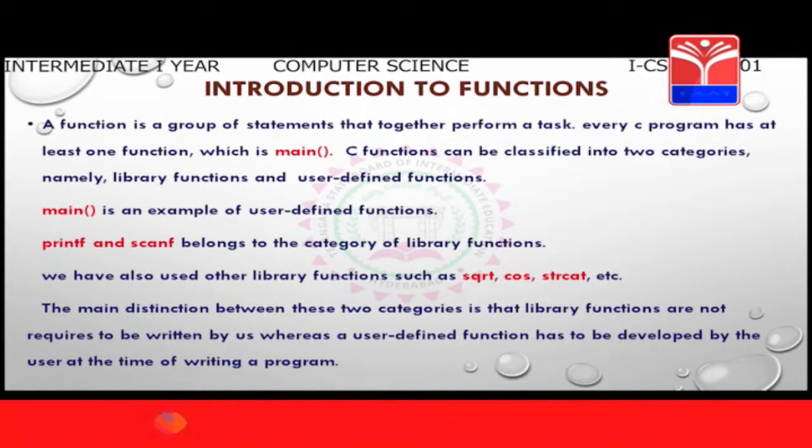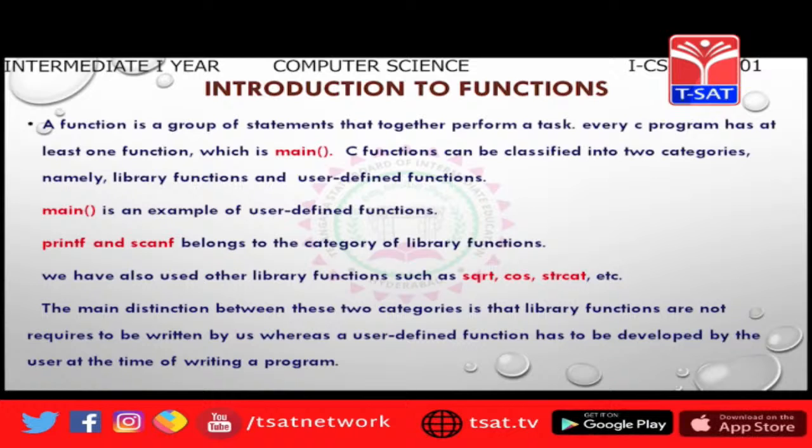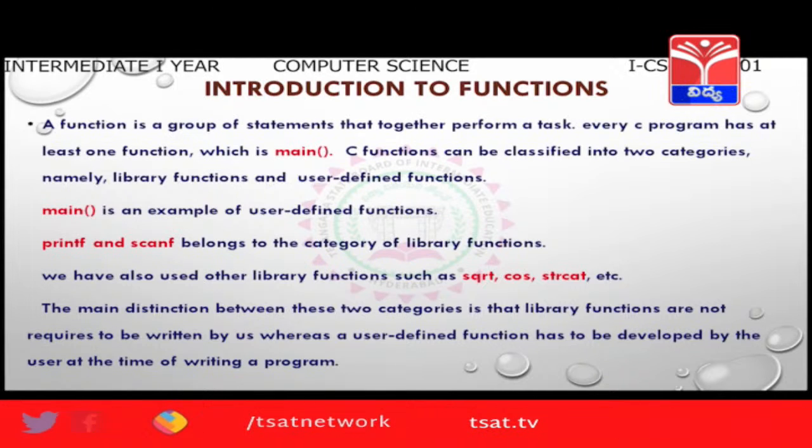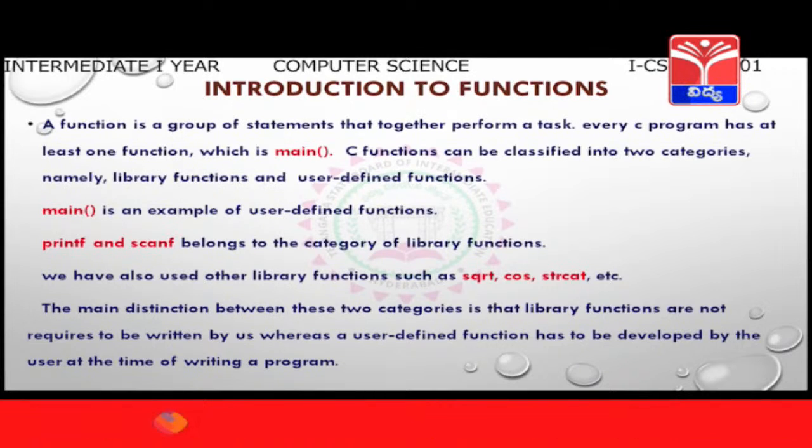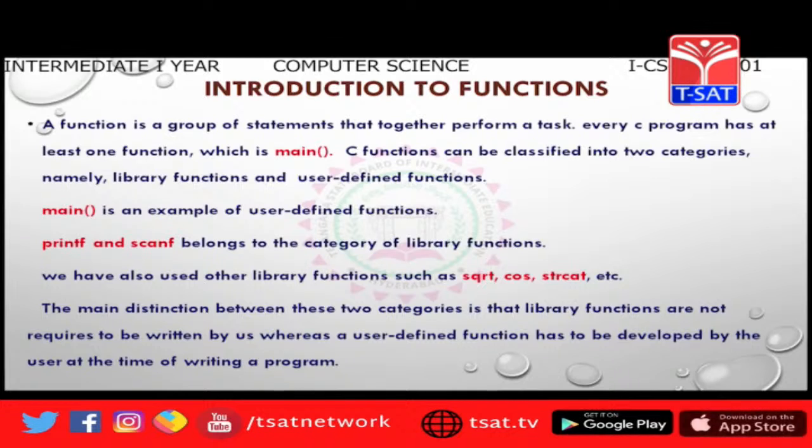All those things come under other library functions. One of the main differences between these two categories is that library functions are not required to be written by us. User-defined functions have to be developed by the user at the time of writing a program. This is an introduction to functions.